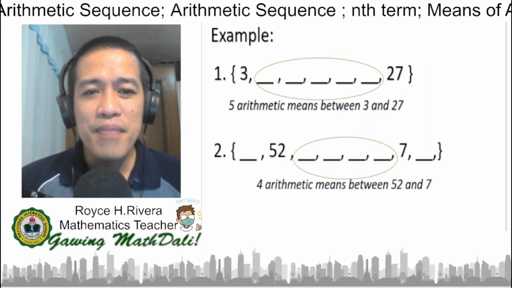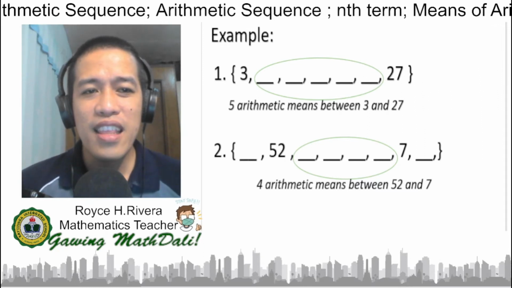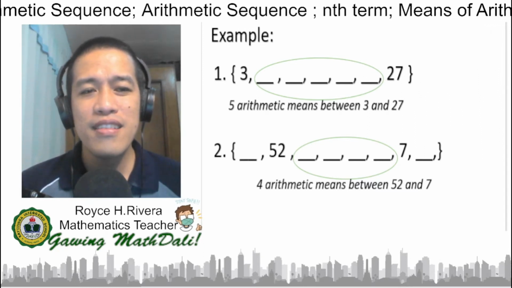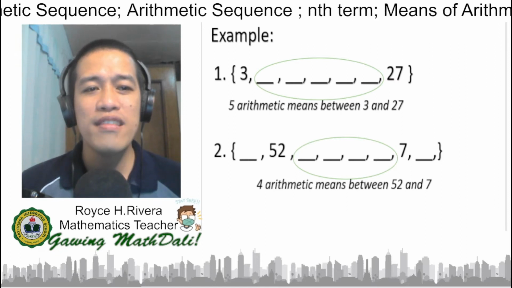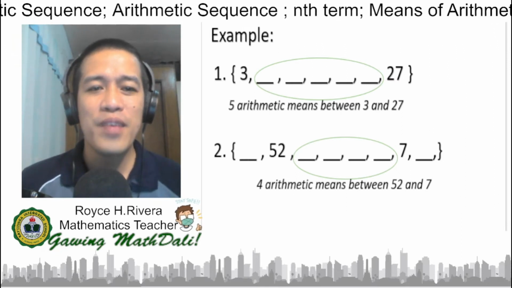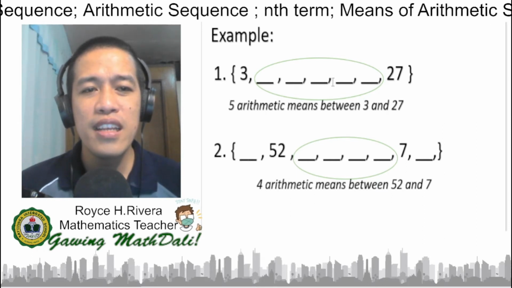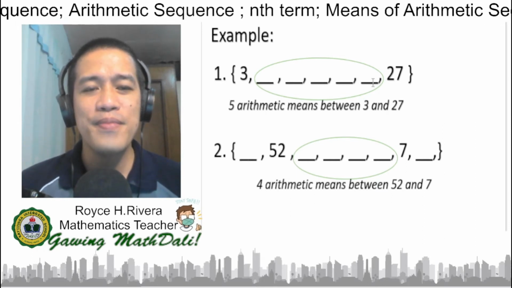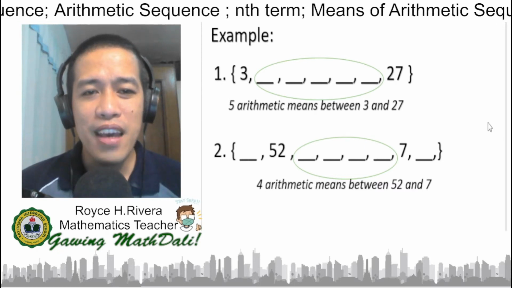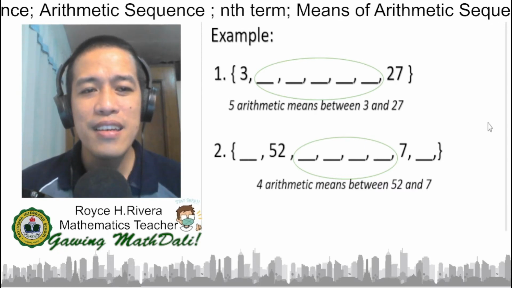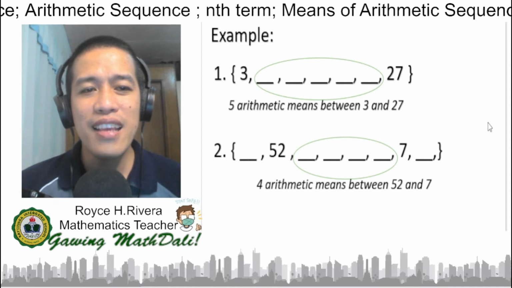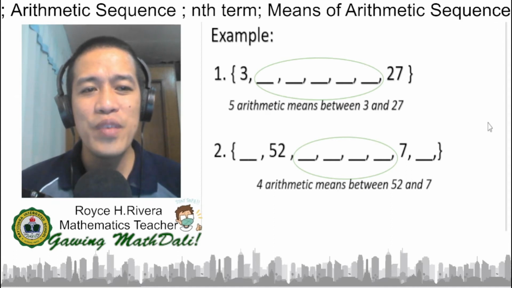The arithmetic means between 3 and 27 are unknown. And we have 1, 2, 3, 4, 5. We have 5 arithmetic means between 3 and 27.